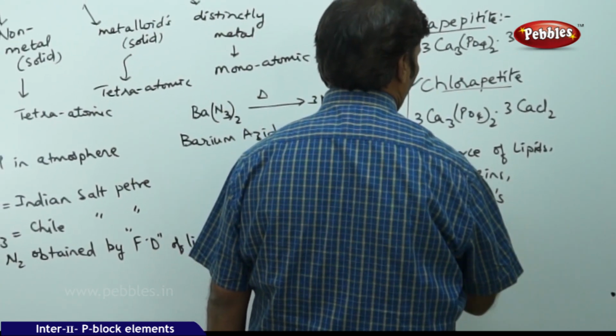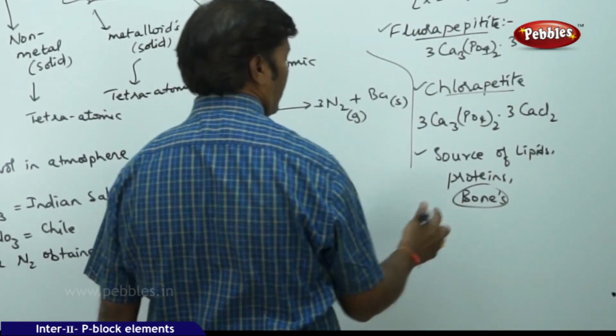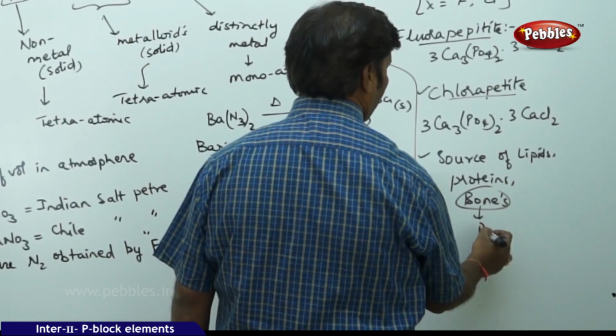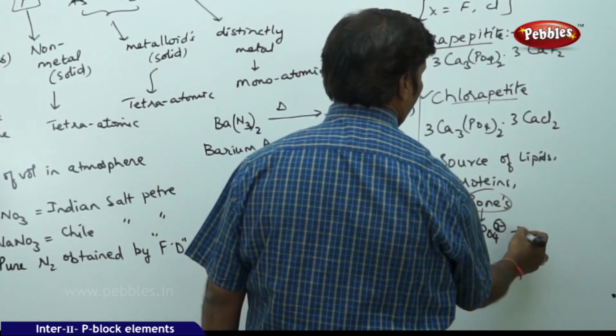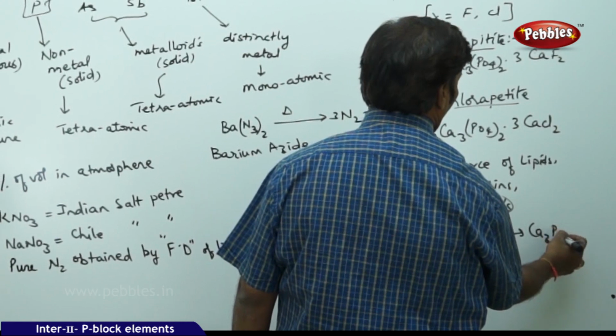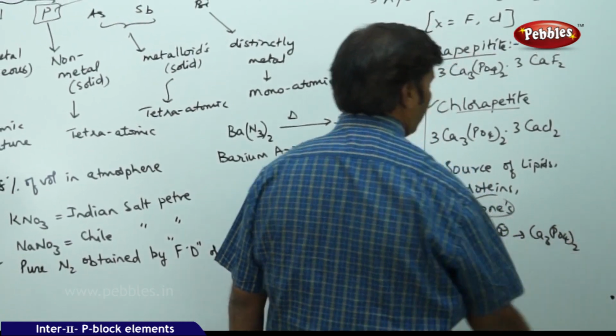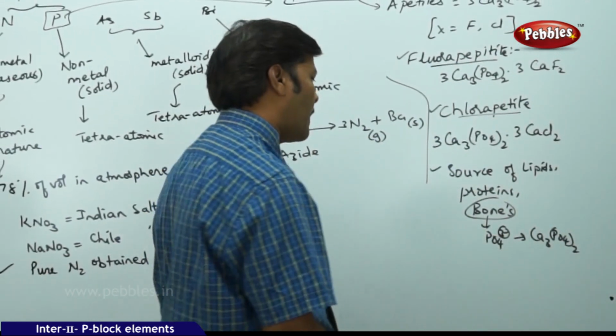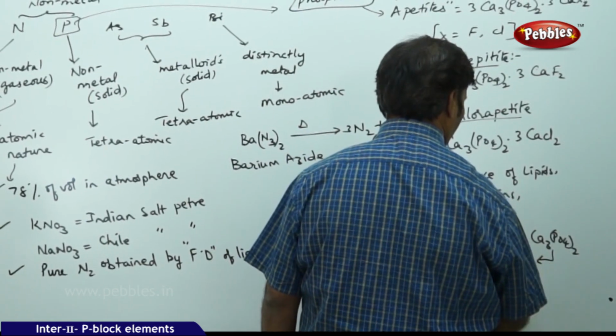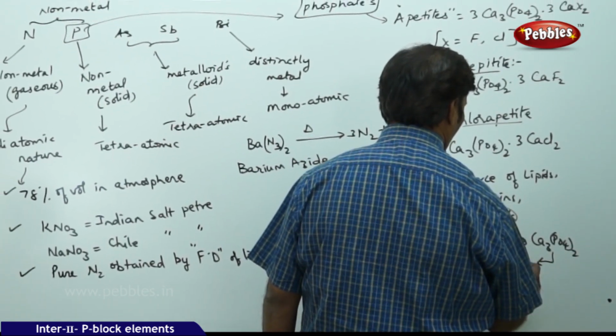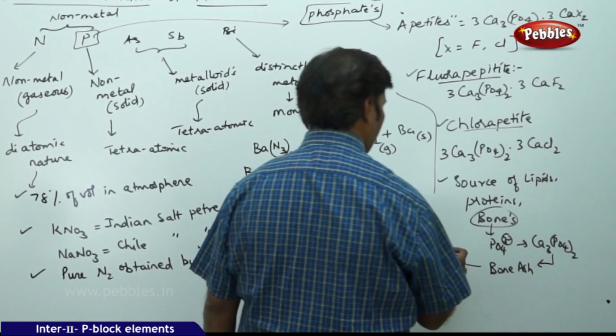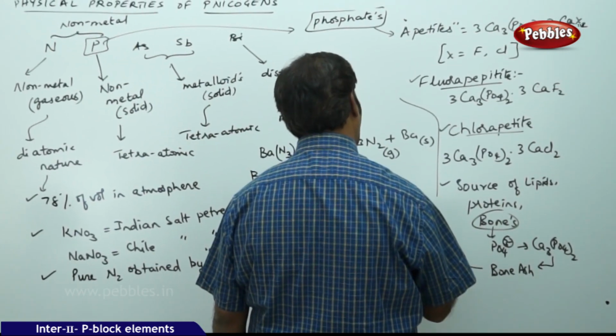In bones, phosphorus is available in the form of phosphates, Ca3(PO4)2, which we call calcium phosphate. This is bone ash. You can call it bone ash or Thomas slag. The metallurgical name is Thomas slag.